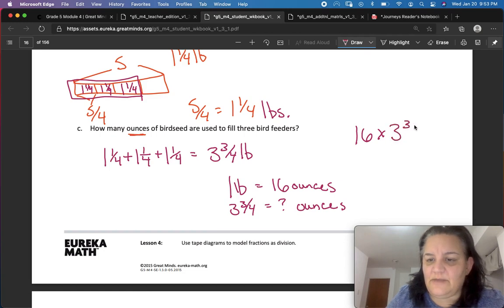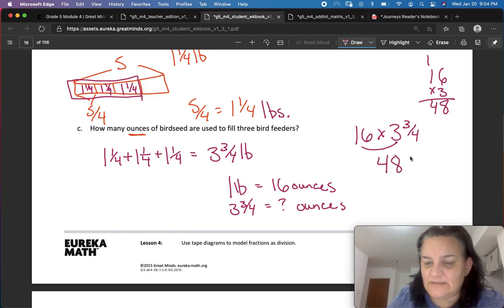3 3/4. Okay, so this is easy. 16 times 3 is 12, is 18, carry the 1, 3 is 48. Okay, so 48 wholes. But now we have to do 16 times 3/4.